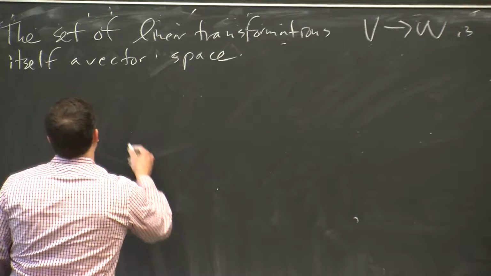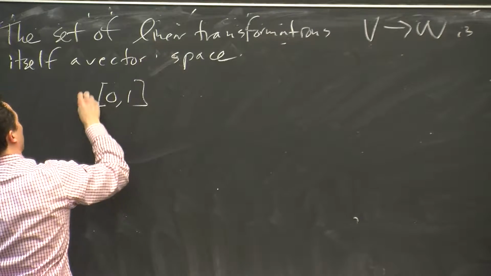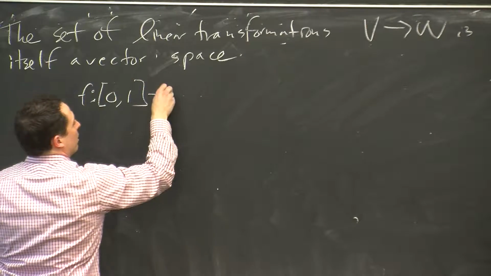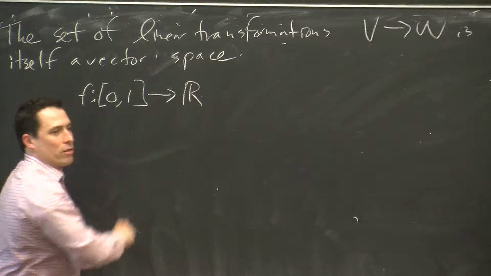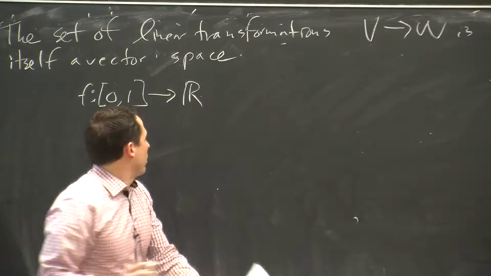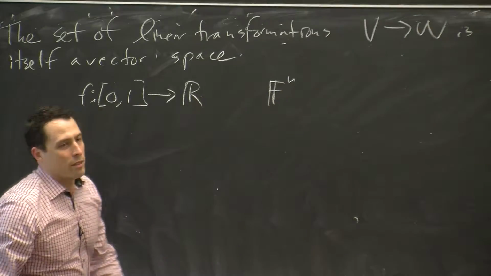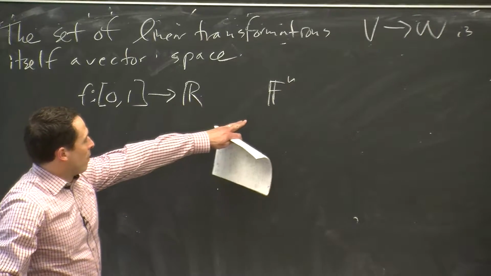Now remember that during the first week or so, one of the examples of a vector space we talked about was functions from, say, [0, 1] to R. And another example was some field to some power, lists of elements in a field.